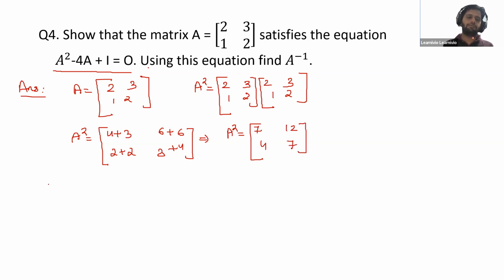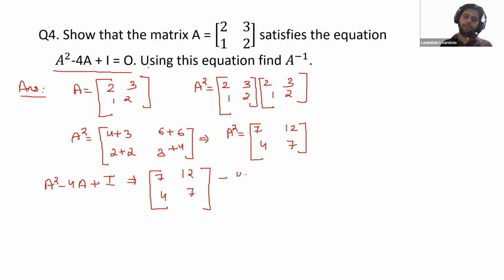Now this equation A square minus 4A plus I. So put the value 7, 12, 4, 7 minus 4A. A is what? 2, 3, 1, 2. This is plus I. I is 1, 0, 0, 1.